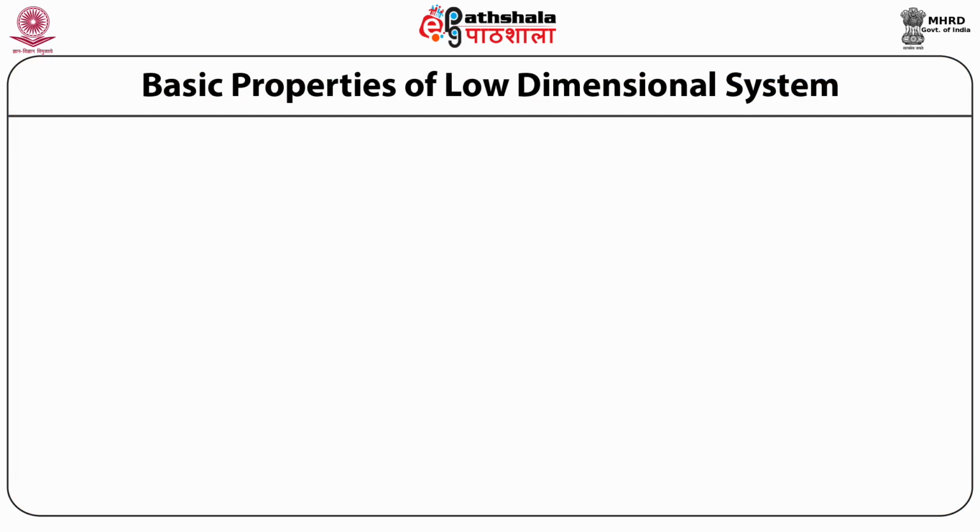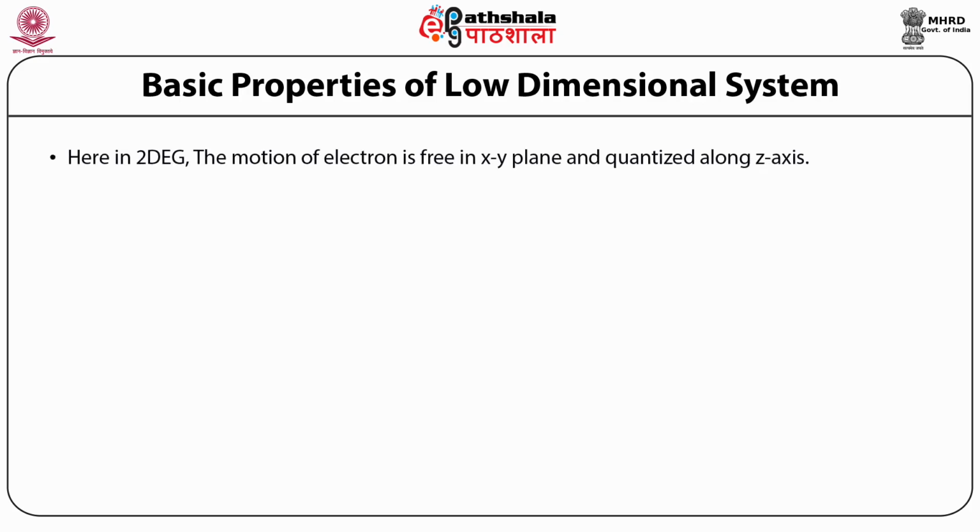Let us take a z-axis perpendicular to the plane of 2DEG. So as mentioned before, in 2DEG, the motion of electron is free in the xy plane and quantized along the z-axis.